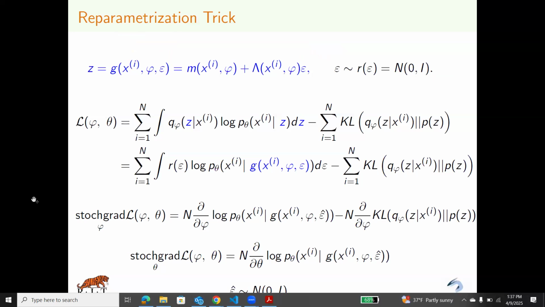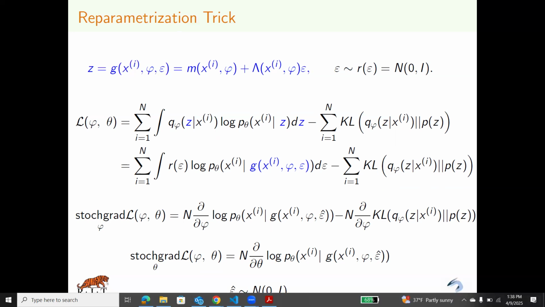You remember that our variable z had a normal distribution with parameters m and lambda. So we can represent an arbitrary normally distributed variable through the standard normal variable.